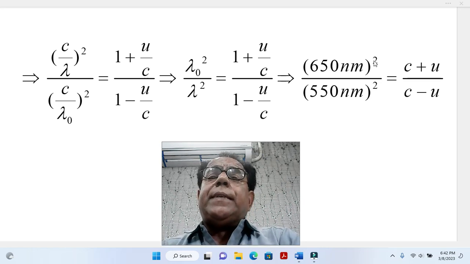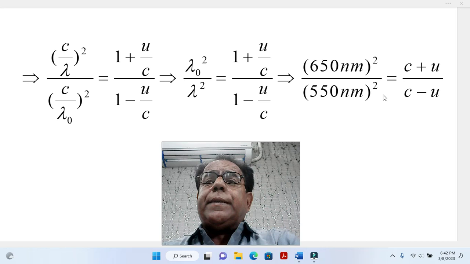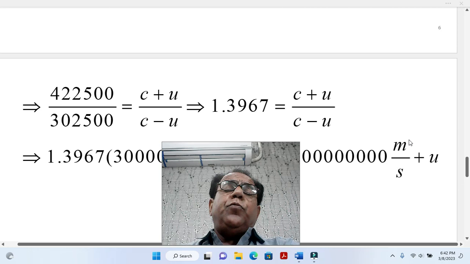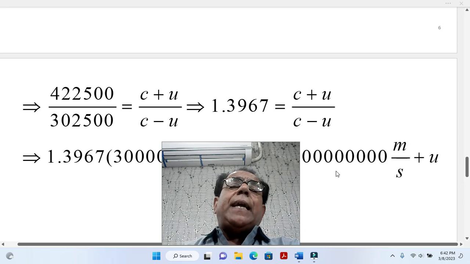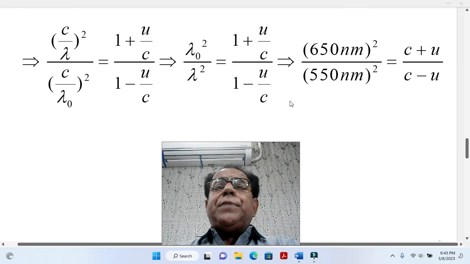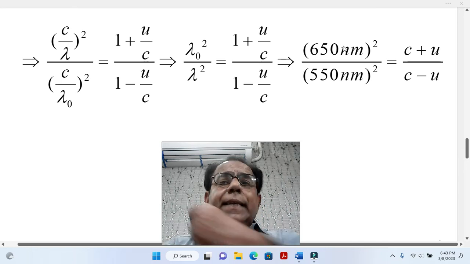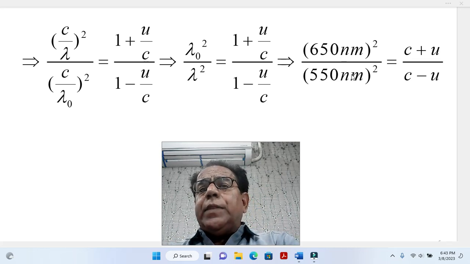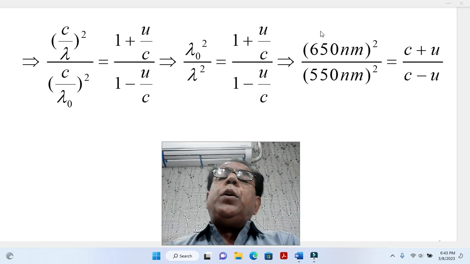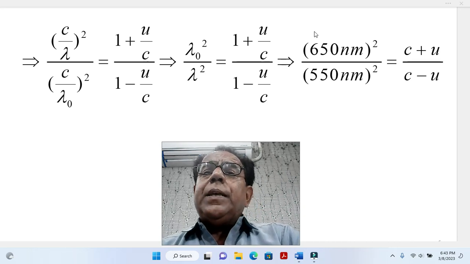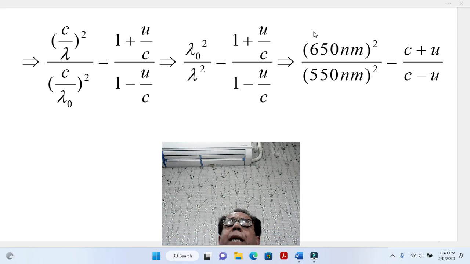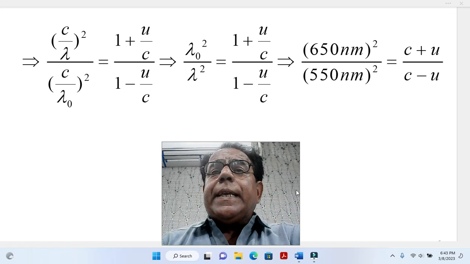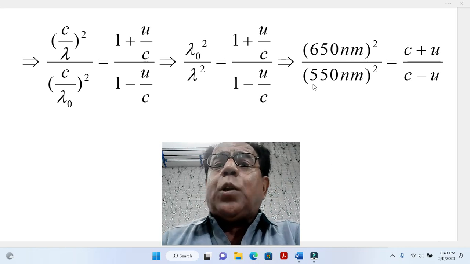Hence, 650 nanometer square divided by 550 nanometer square is equal to c plus u over c minus u. Now we move to the next step. In the next step we have simply taken the square of this and the square of this. Here nanometer square will be cancelled out with nanometer square, so the units of 650 and 550 will be eliminated, and we will be left with simply the square of 650 and the square of 550.